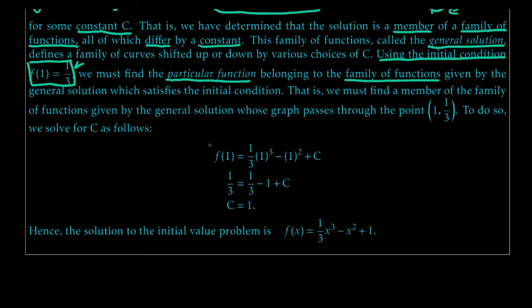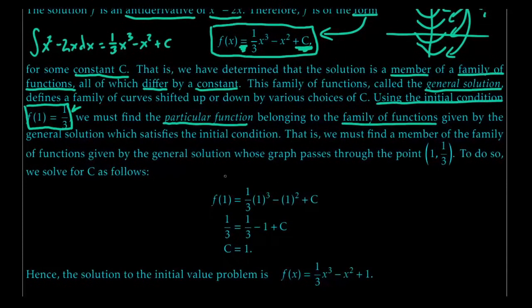If I know that f of 1 has to be 1/3, then I know, using the fact that my function f has to be like this, any possible solution has to be like this general form. They all have to be candidates, at least. They have to satisfy this thing right here. So we just plug in 1 to the general form.